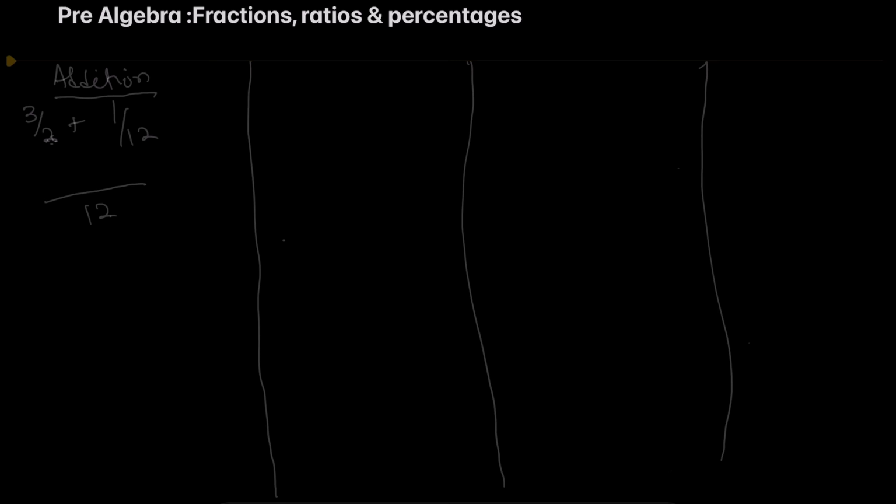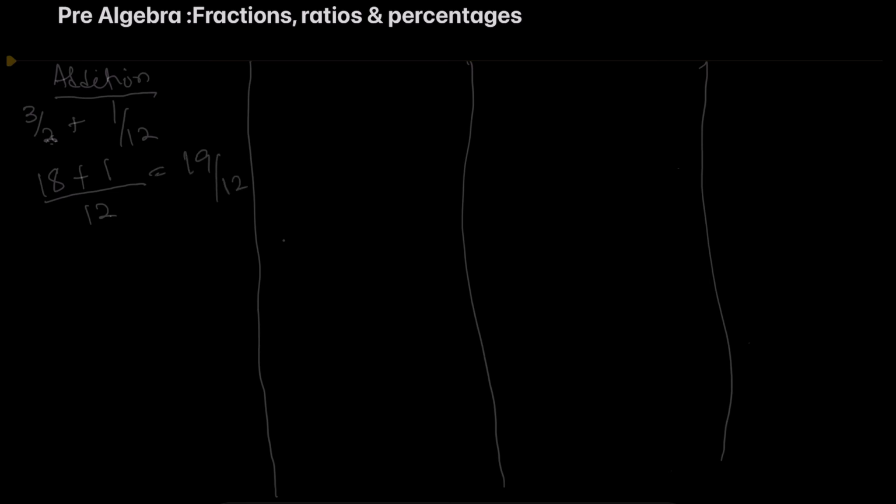Then we take 6 and multiply by 3, and we have 18. Then we go to the next number: 12 divided by 12 is 1, and 1 times 1 is 1. And now we have 19 over 12.